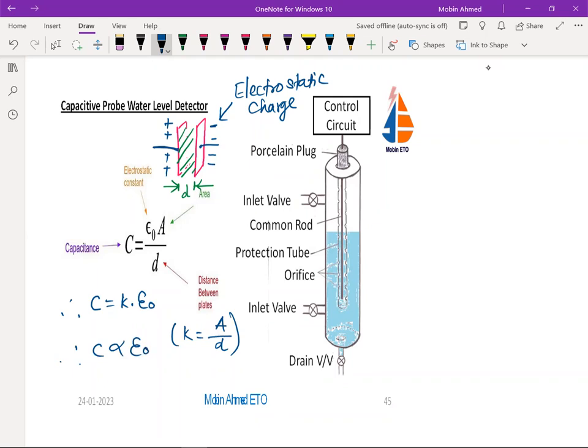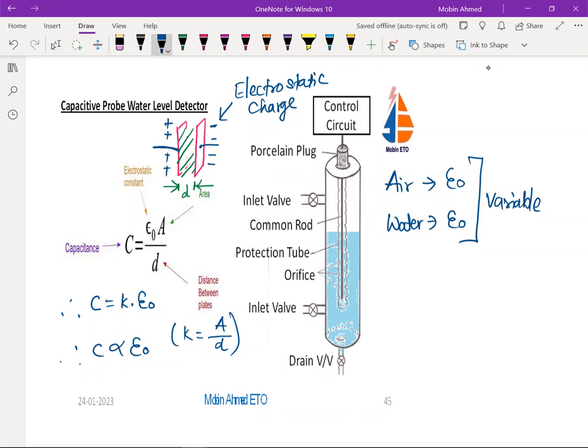Thus we can say C is directly proportional to the dielectric constant. Now what is this constant? This one here has a different dielectric constant, and there is water, which has its own dielectric constant. Now both of these are going to vary. This constant is variable here. Can you see here?